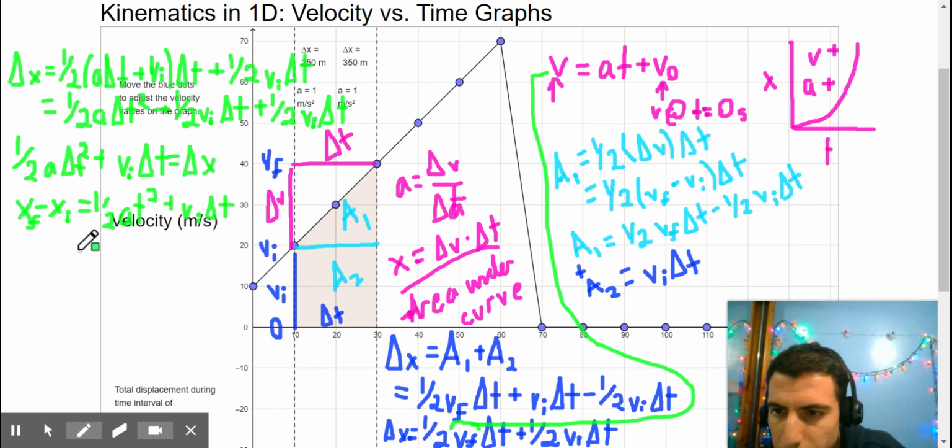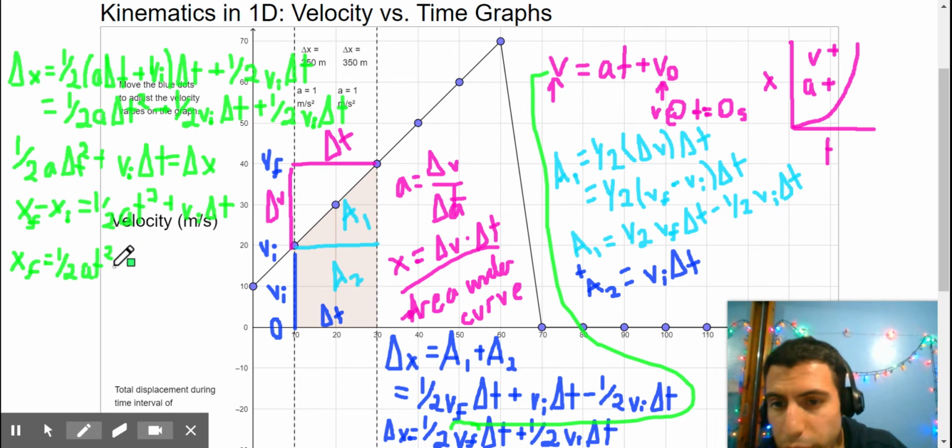And then after we go ahead and get x final, notice we get a full-on polynomial here. And this is our equation to find displacement when you have an acceleration involved.